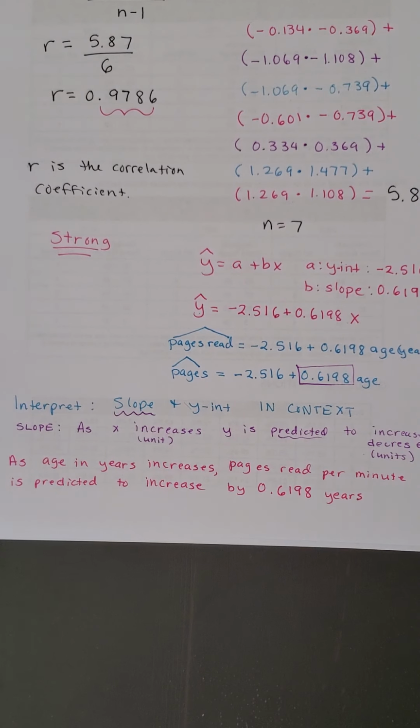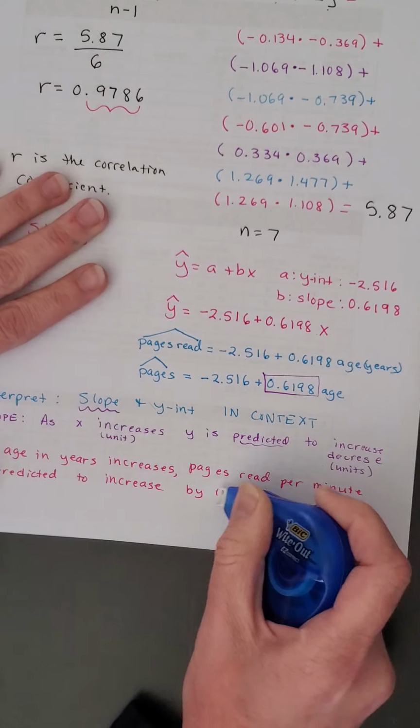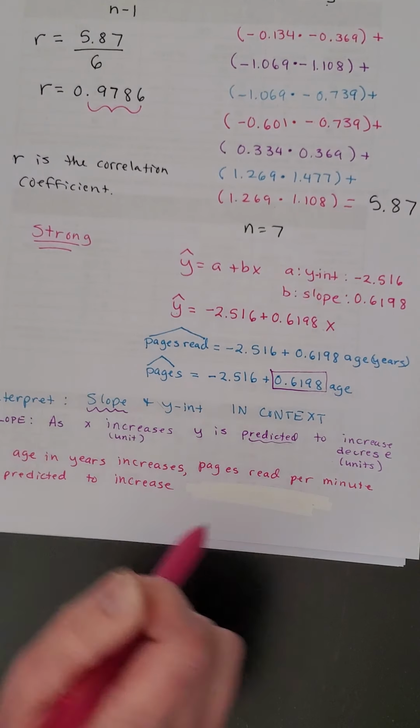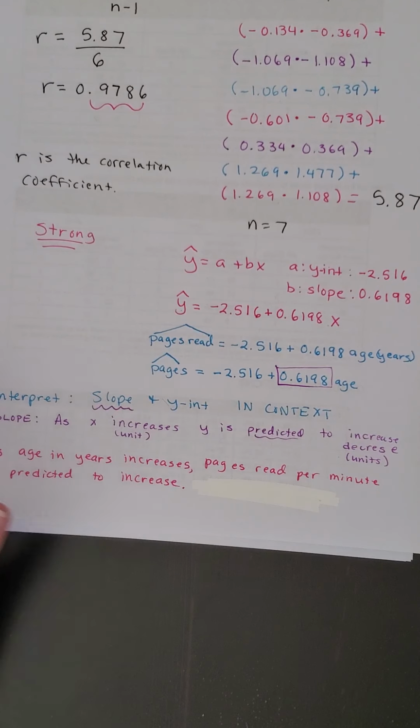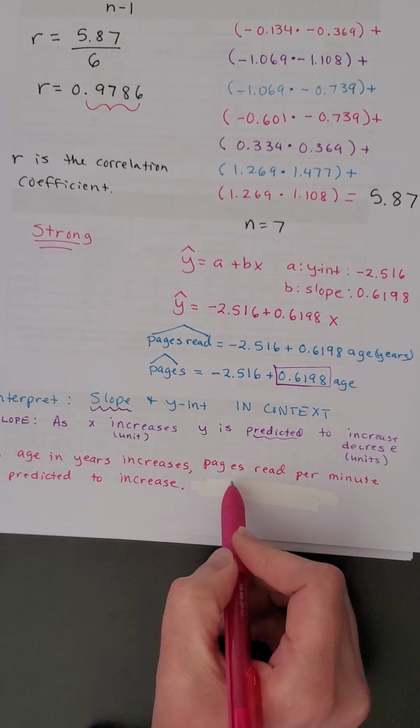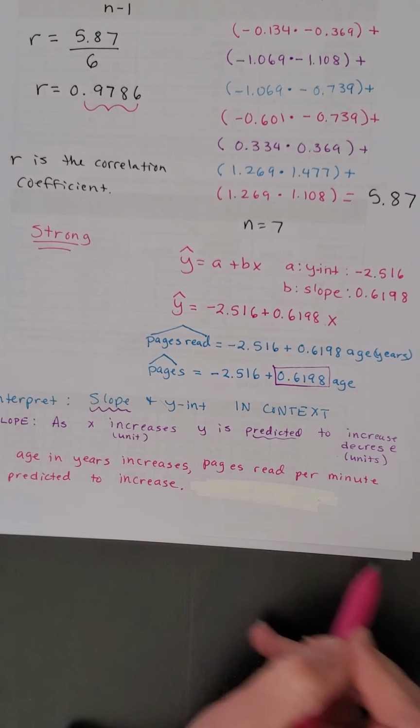Oh, let me rephrase that. So I'm going to stop right here. I haven't even talked about the slope yet. So here's my beginning: as age in years increases, pages read per minute is predicted to increase.